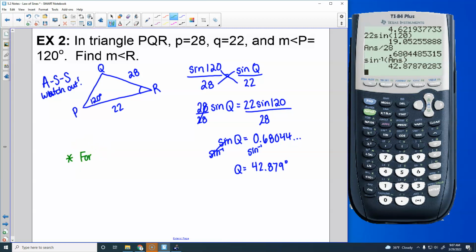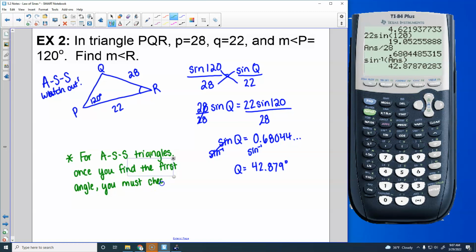For angle side triangles, once you find the first angle, you must check for the ambiguous case.